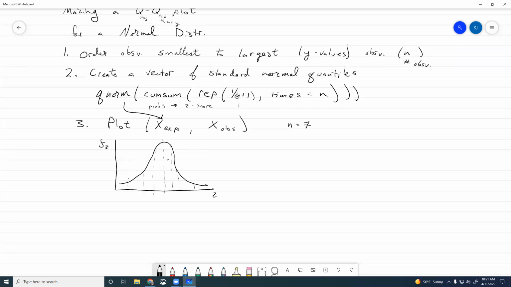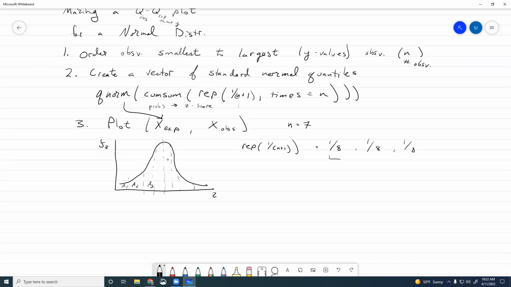So we'll have all these different areas, right? Area 1, area 2, area 3. We'll have this rep 1 over n plus 1, which is going to equal just 1 over 8, right? Because it's n plus 1, 1 over 8, 1 over 8.